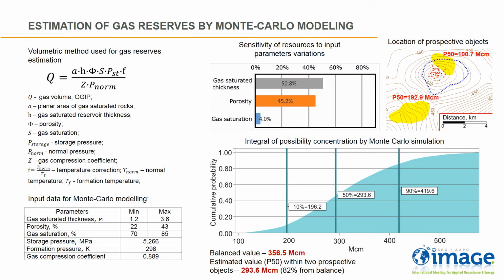Taking into account the executed calculation, there is 82% of UGS balanced gas volume with 50% probability located within the two new mapped artificial pools. Gas saturated thickness and porosity are deciding parameters for gas resources.